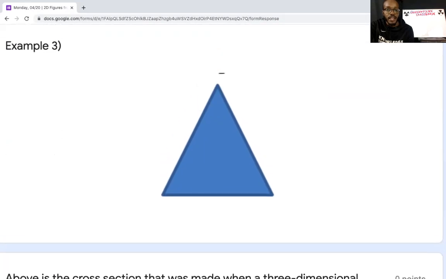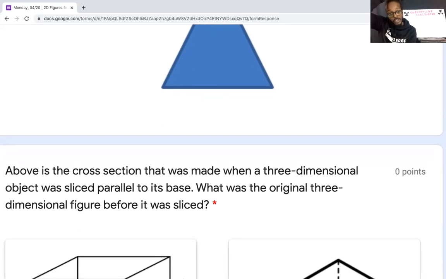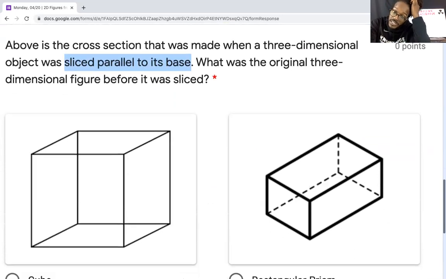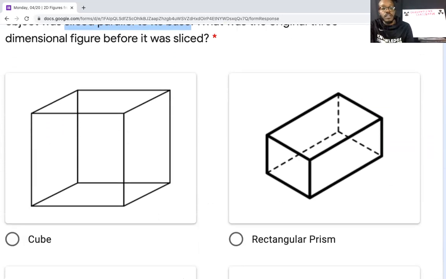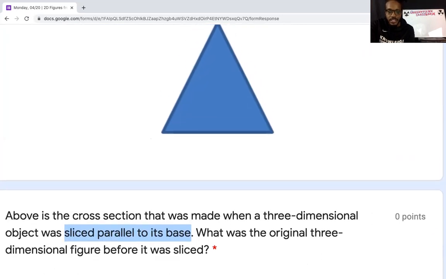Let's look at example 3. Example 3 shows me the cross section of a triangle. Above is a section that was made when a 3-dimensional object was sliced parallel to its base. What was the original three-dimensional figure before it was sliced? If I slice this cube any which direction, I'm not going to get a triangle cross section, and not the same for a rectangular prism. Because what I know is that when I cut an object parallel to its base, it's going to take the same shape as its base.